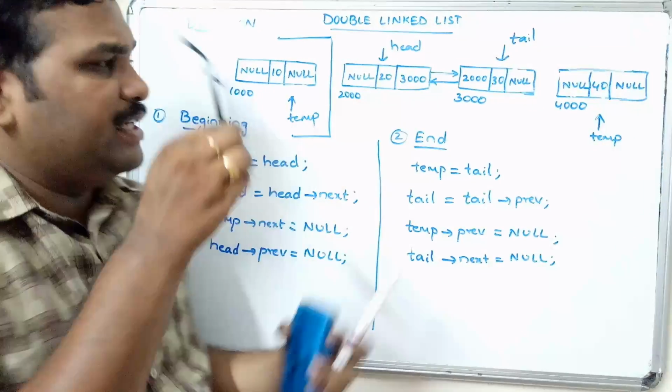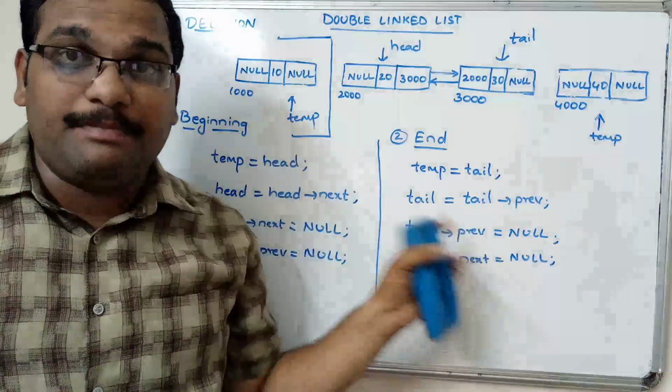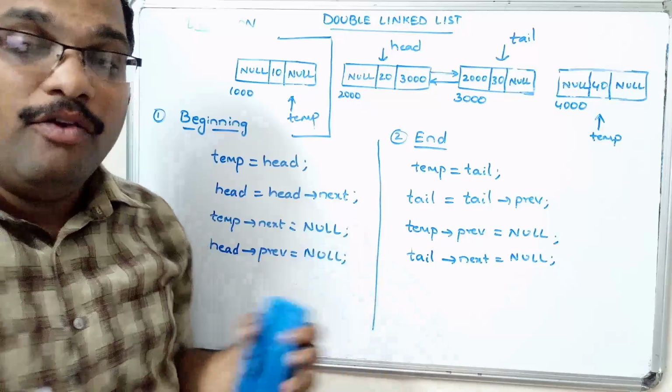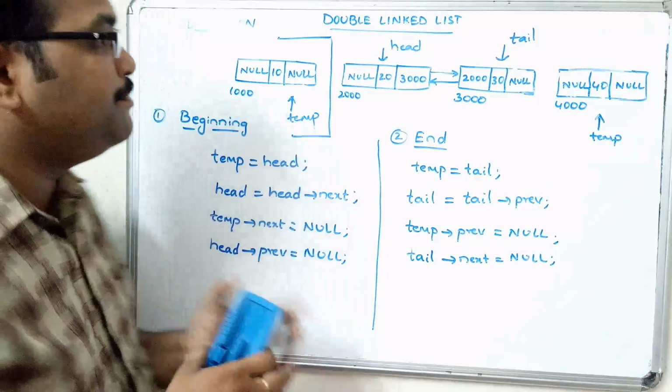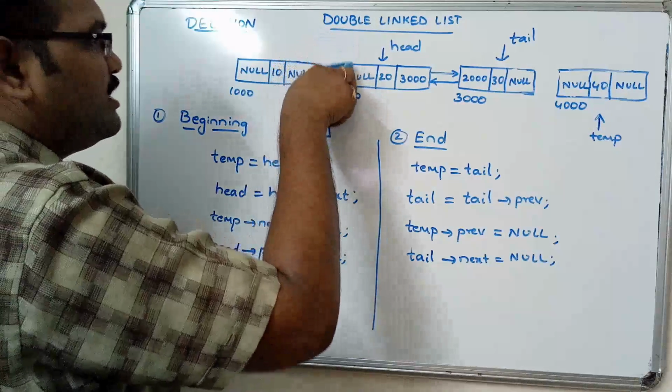Right? Yes. So hope you understood these two cases, beginning and ending. We will move on to the next one, that is how to delete an element from a specific position. See, we'll go back with the example.